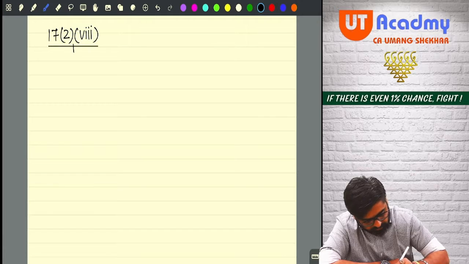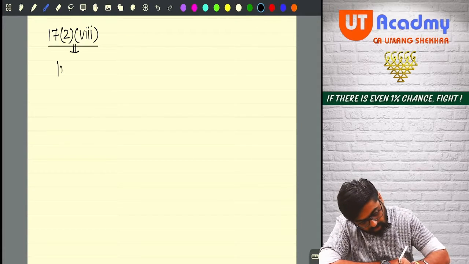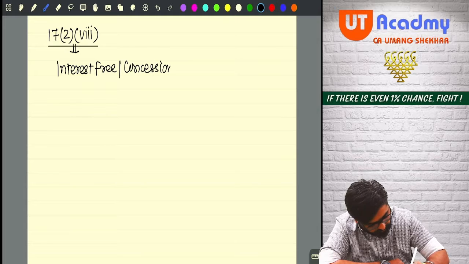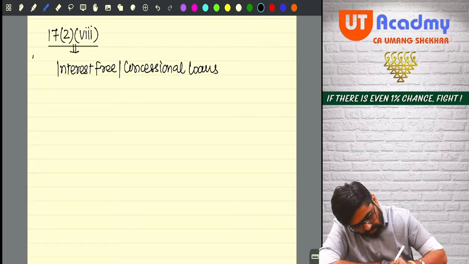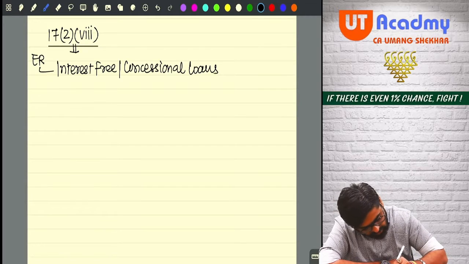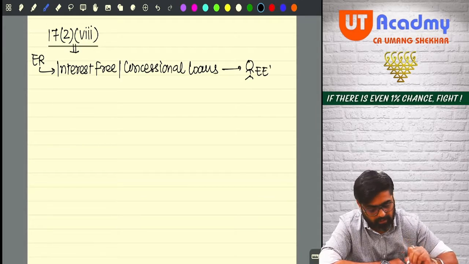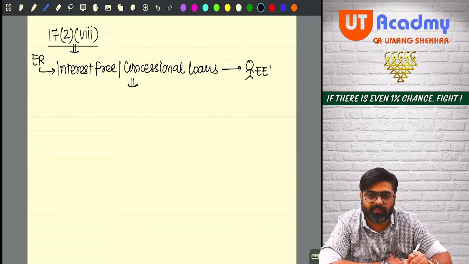This clause says that if the employer is giving interest free or concessional loans to the employee, as a result of this there will be savings in interest happening to the employee.